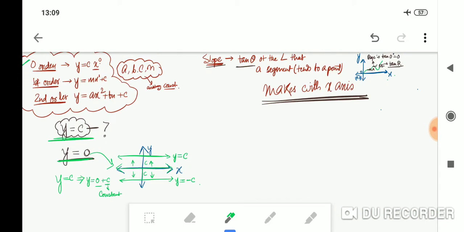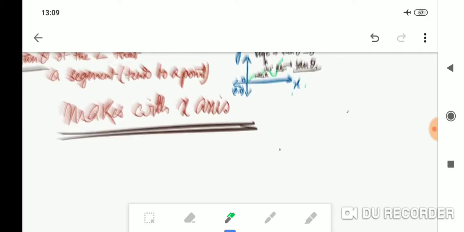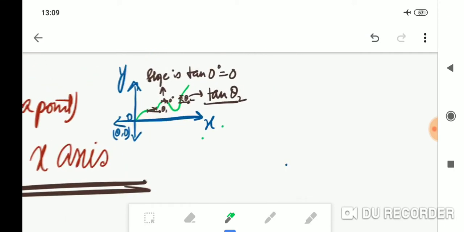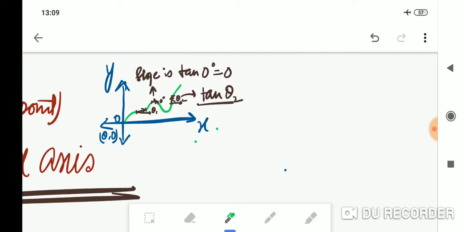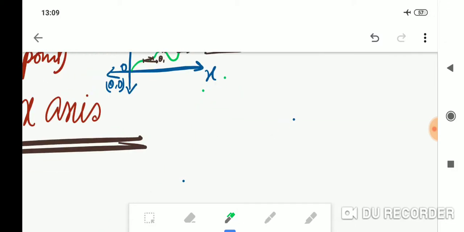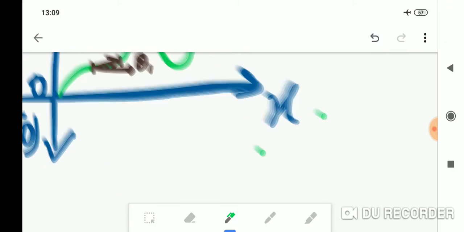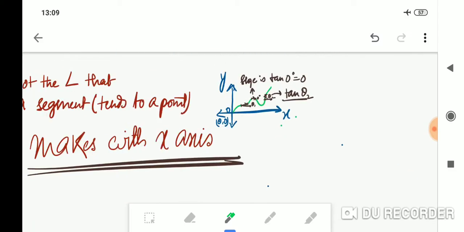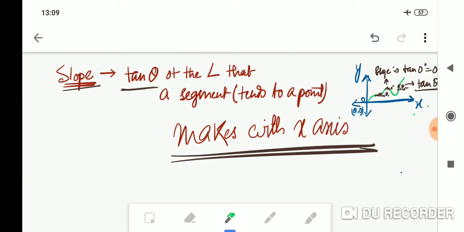Now we'll find how to get the slope. So we have to remember this thing that at any point slope is equal to tan theta.